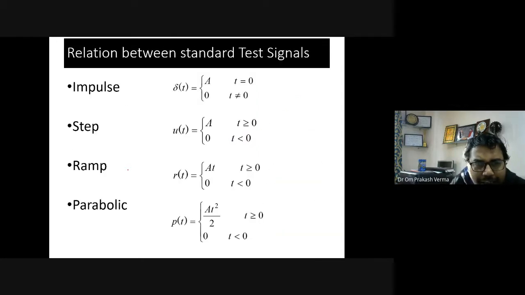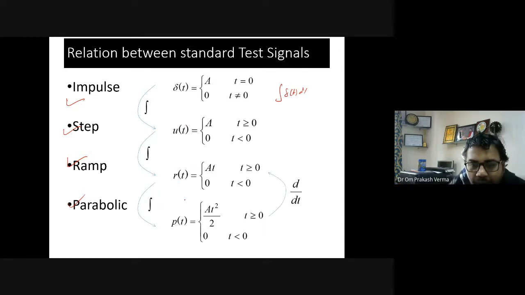So now come to the next, that is the impulse, the step, ramp, and this is the parabolic. Now when you integrate the impulse, what will come? You get ut. Okay, when you integrate delta t, you already know ut, and when you integrate the ut, you will get the rt, and when you integrate the rt, you will get the pt.